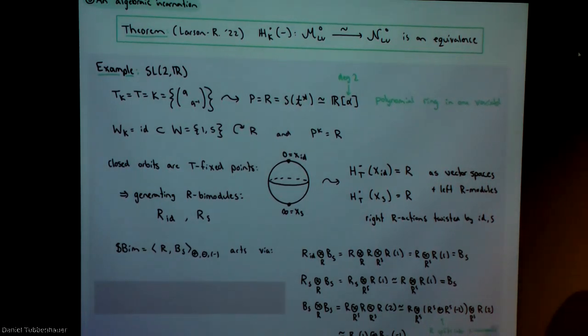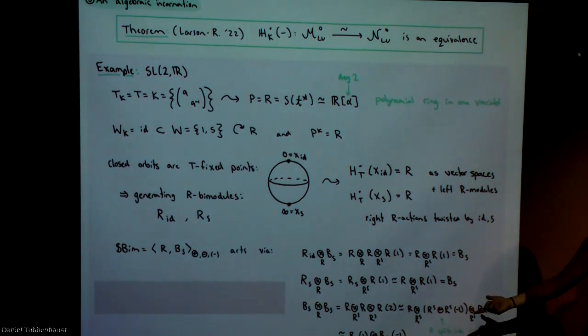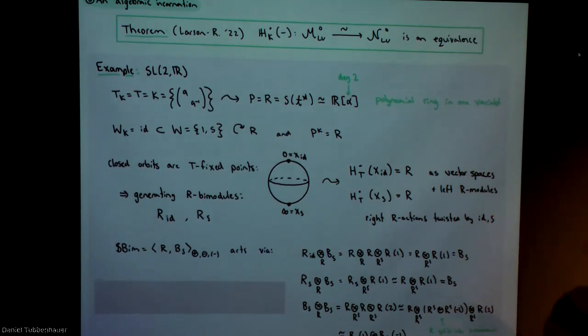And if we take Bs and act on itself, then we get two copies of Bs up to grading shift. And so the point is that from this action, we see that the only thing we get by taking these two standard modules and acting by Soergel bimodules, the only new indecomposable we get is this Bott-Samelson Bs.